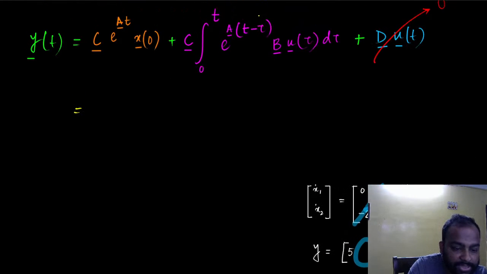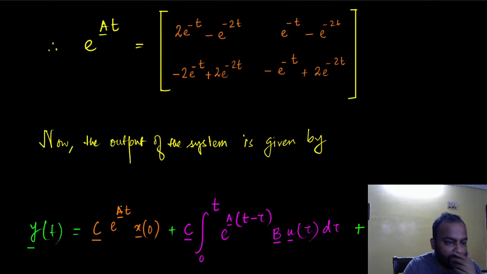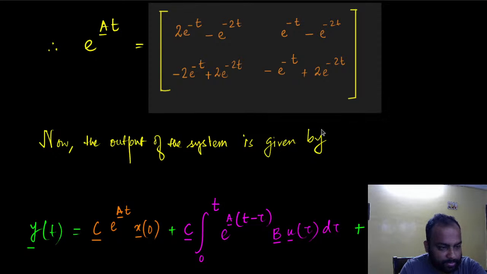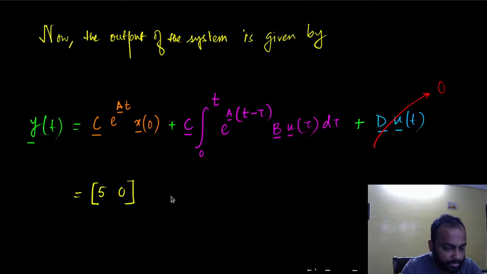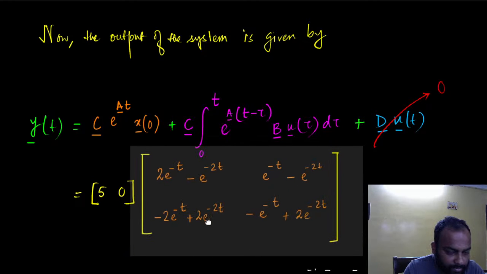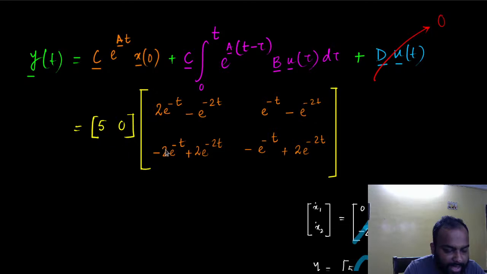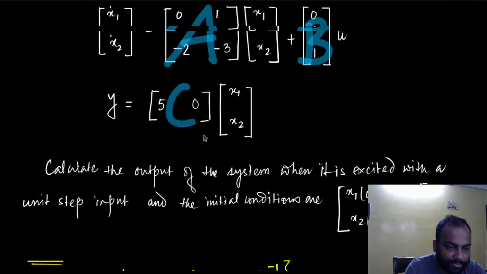Okay, so the C matrix is 50 times, now e to the power At. Of course, I'm going to copy paste this, right? You knew that already. Okay, times x0, and what was x0 then? Okay, initial conditions, I forgot to copy that.